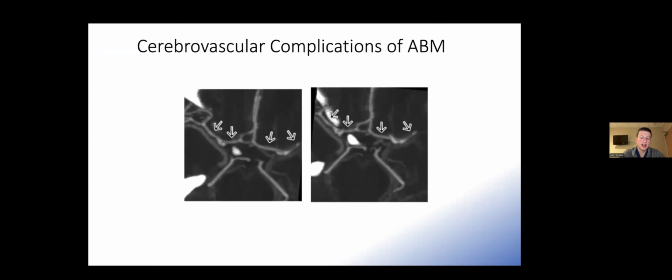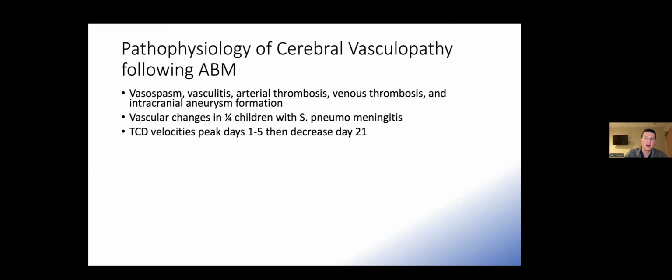So after looking into management of intracranial pressure in the setting of acute bacterial meningitis, I also became interested in some of the cerebrovascular complications of acute bacterial meningitis, those mainly being cerebral vasculopathy.